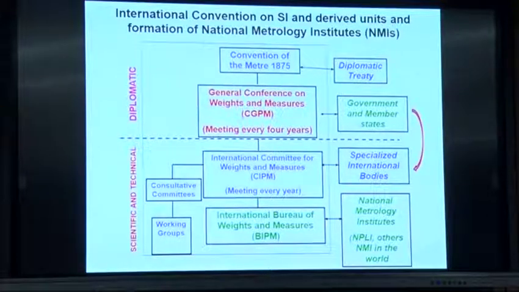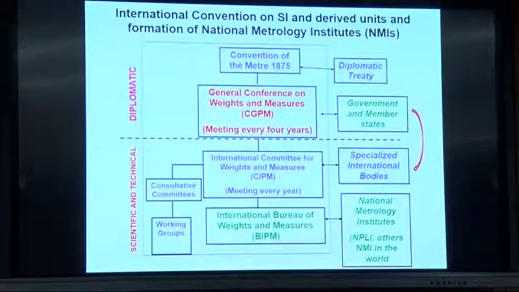Then there is the specialized international body, and nationally the National Metrology Institute, NPLI, National Physical Laboratory of India, keeps track of whatever new developments are going on around the world. So any changes in the SI unit measurement system, it takes care of this part.